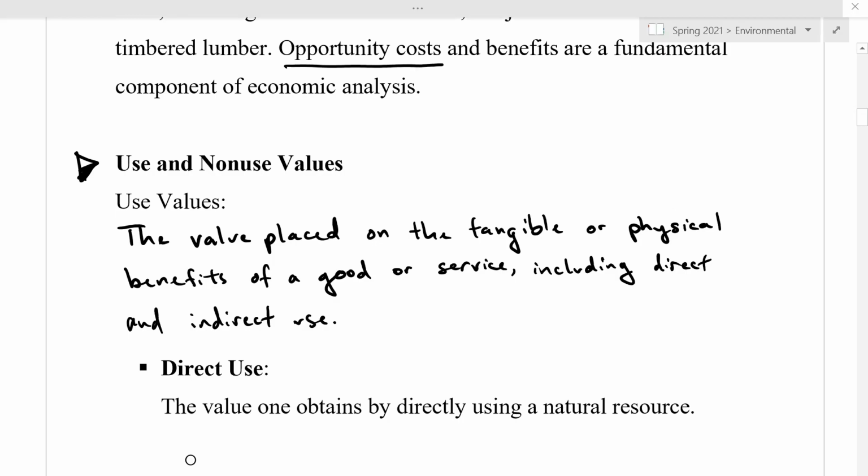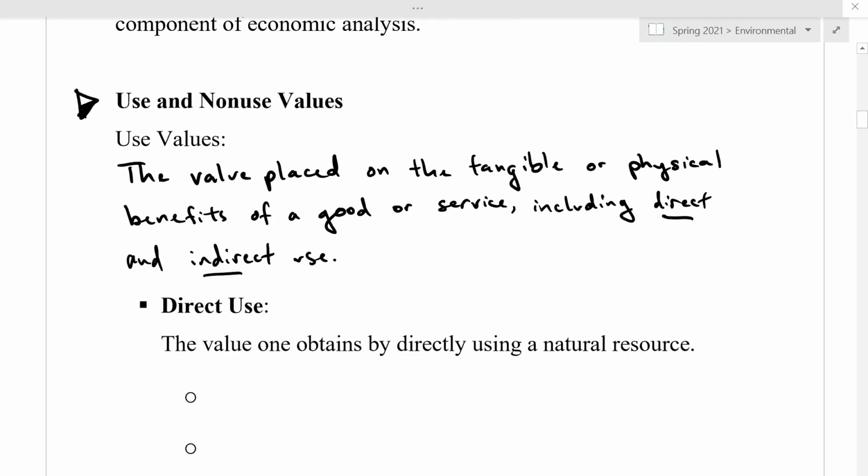Okay, so now let's break down direct and indirect. Starting with direct, the value we directly obtain from using a natural resource. That would be something like we discussed above, harvesting a tree to get lumber. That is a direct use of that tree.